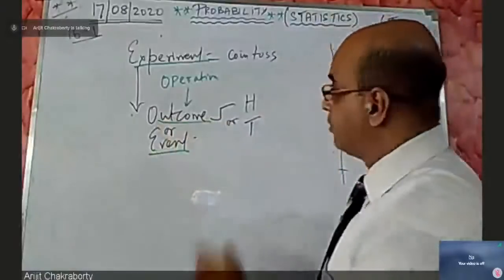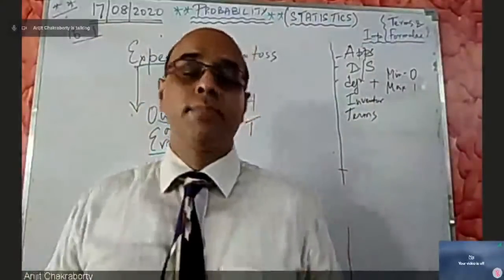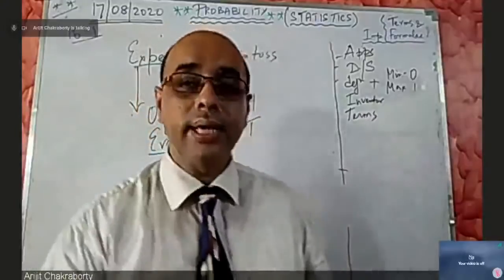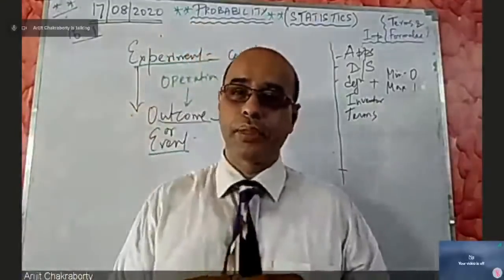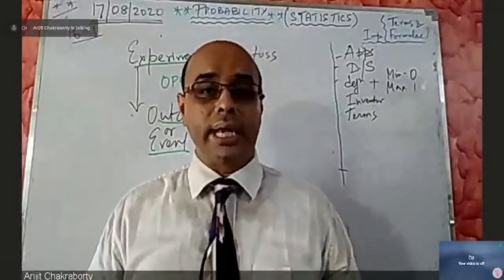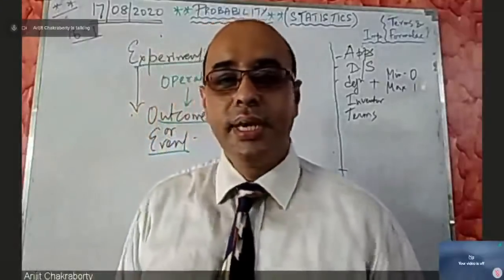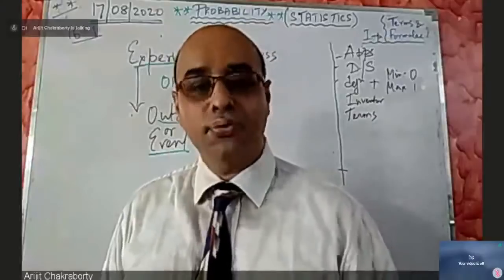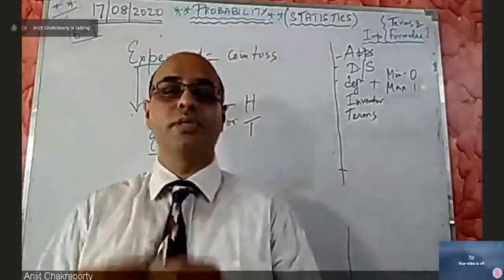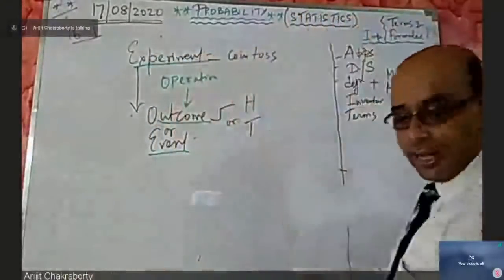Fine? The maximum probability is 1, the minimum probability is 0, and in case of a coin, what is the probability of getting a head or getting a tail? I'm sure you can answer this. The answer is half, because there are 2 possible outcomes. It can either be a head or a tail.